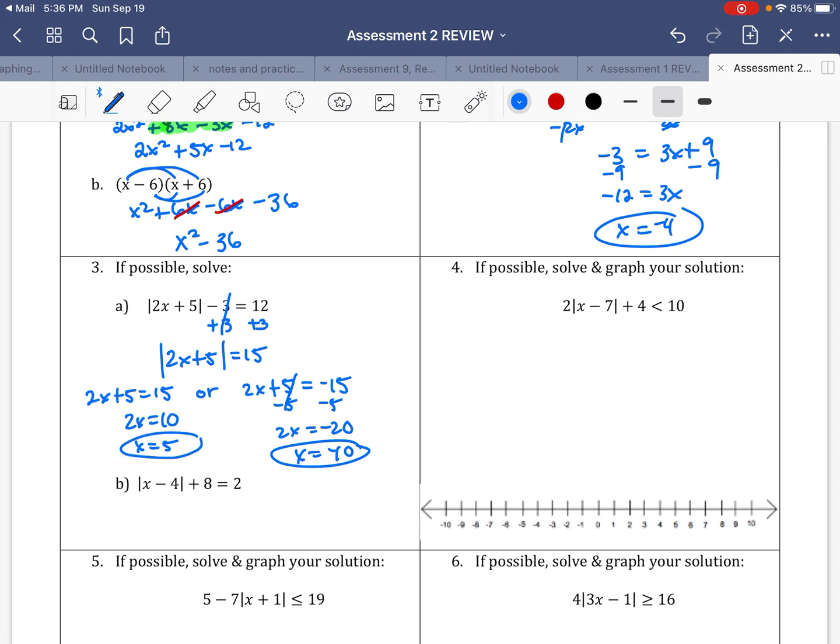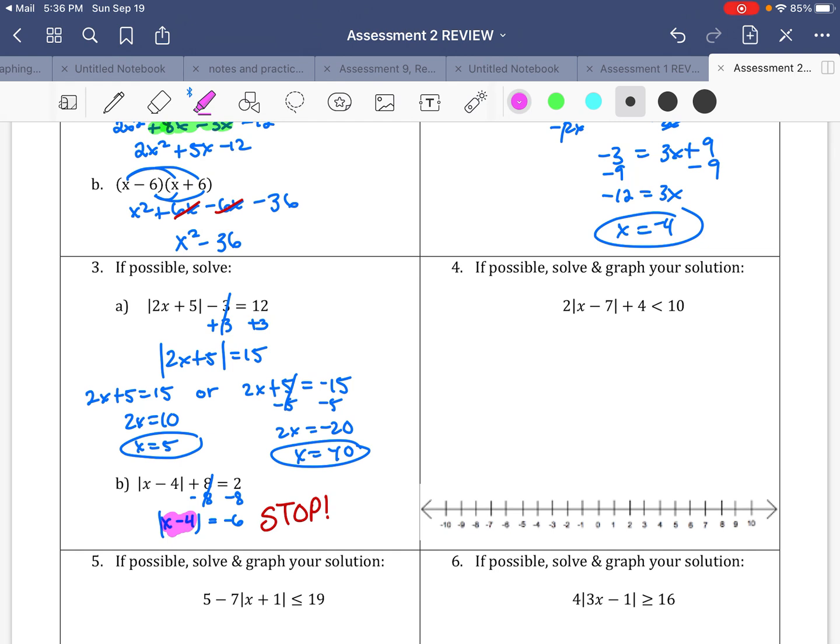All right, on letter B, I clean this up, take away 8. Right away when I clean it up, absolute value of x minus 4 equals negative 6. Nobody's going to tell you to stop, but you have to remember to stop, because this problem is unsolvable. Anything inside the absolute value bars, so what we're saying here is that we have a positive thing.